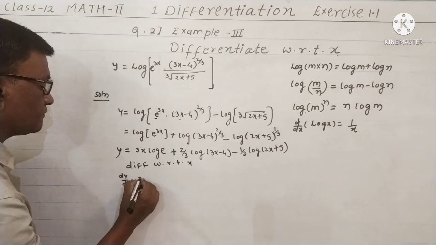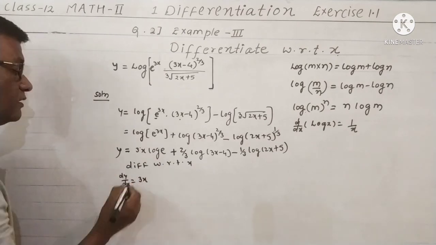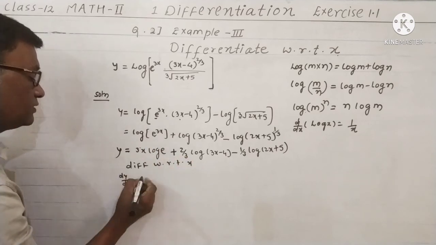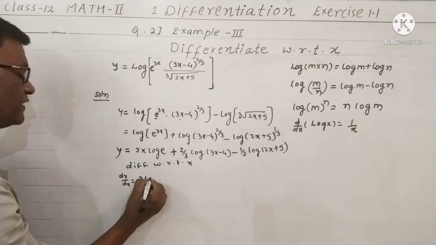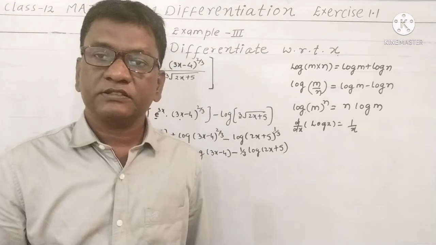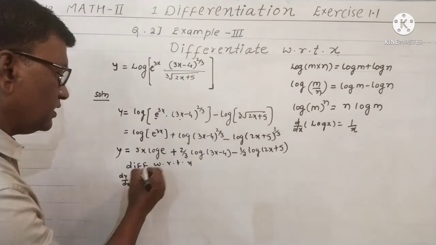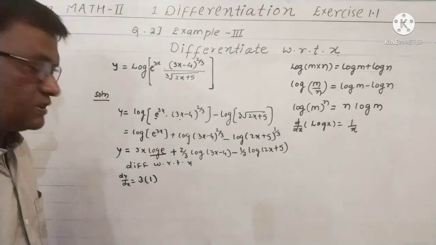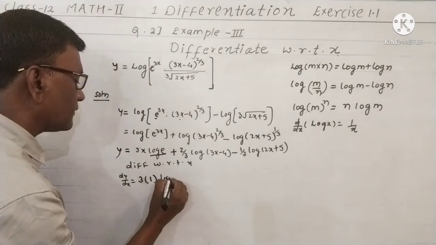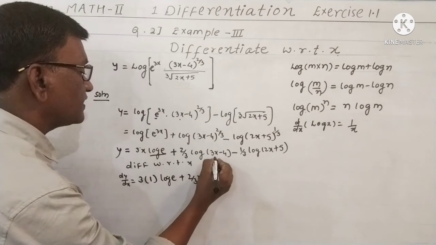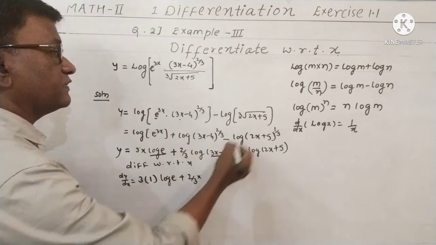Derivative of 3x: 3, derivative of x is 1. We know the formula for the derivative of x, d by dx of x is equal to 1. So here is 1. And we know log e is constant, keep constant as it is. Then 2 by 3, this is x. We have derivative of log x is equal to 1 by x.